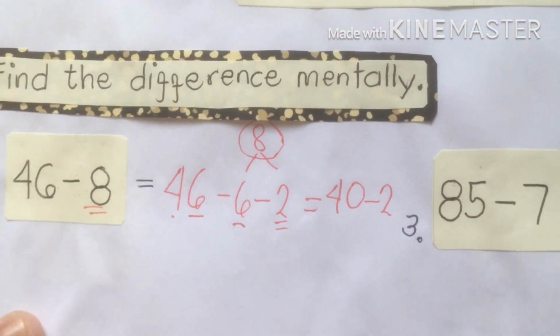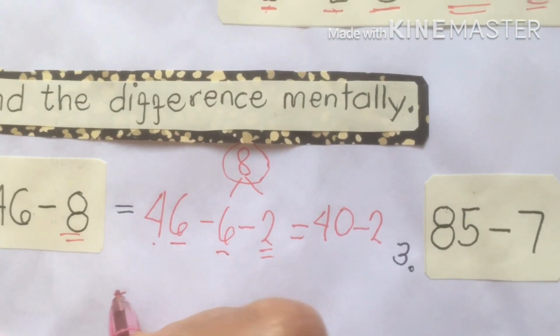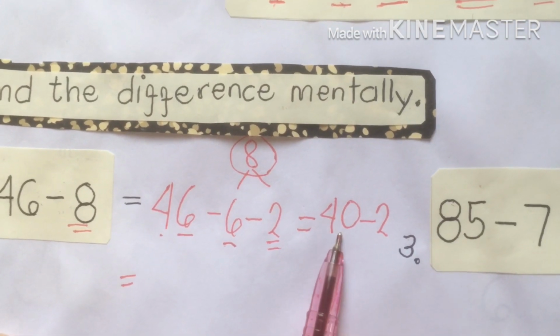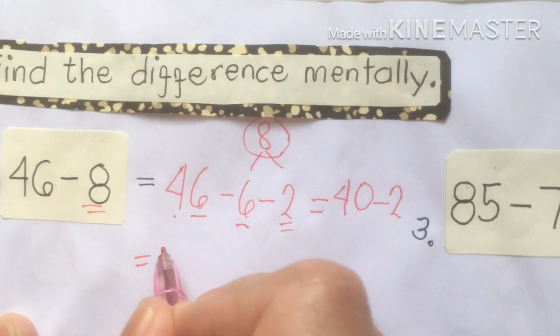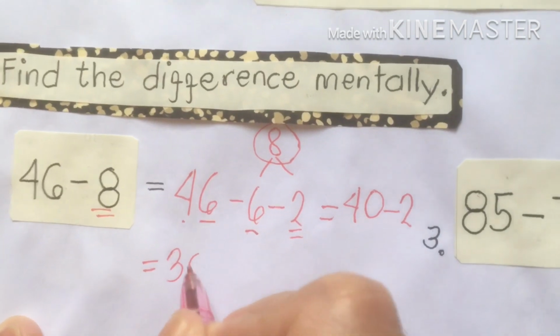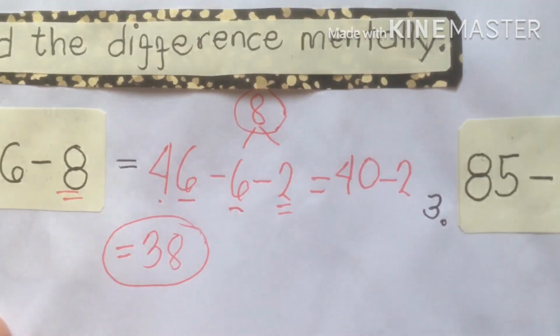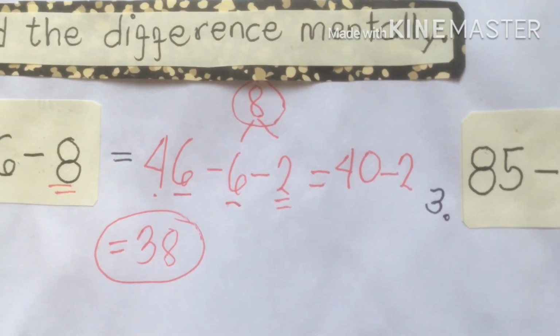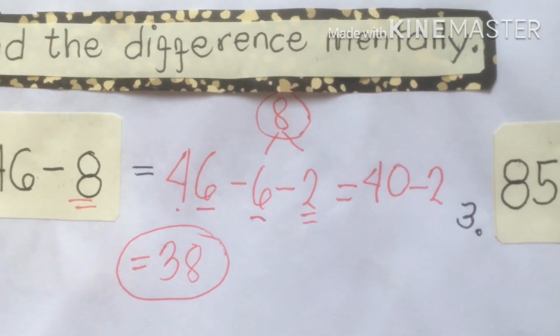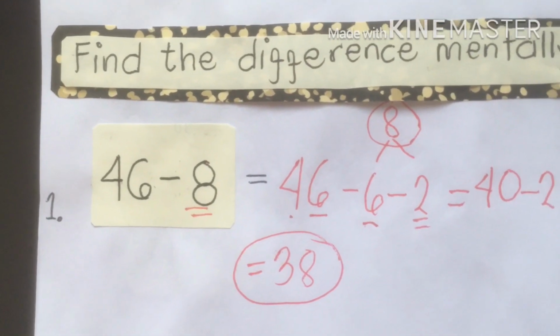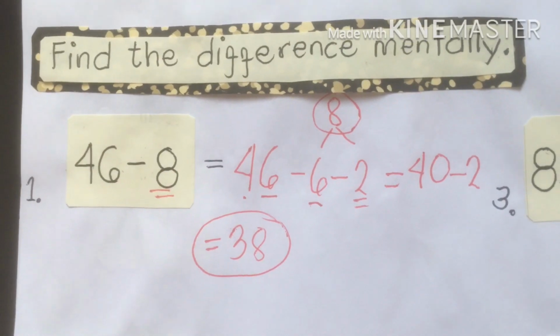Please follow, guys. Then we subtract 40 minus 2. We're going to write here 38. That is how mental subtraction works, and this technique works well, right? It will not confuse us.